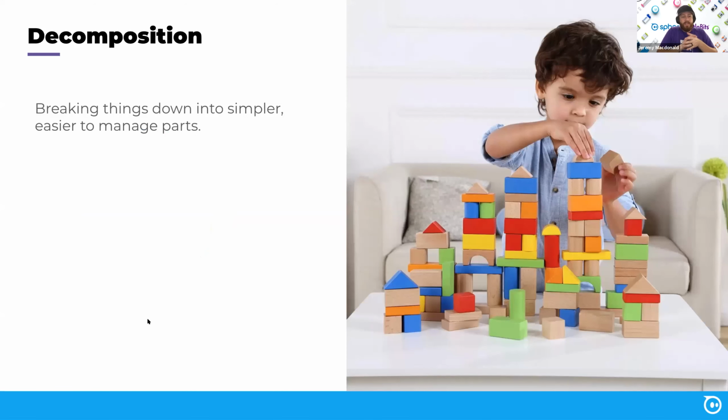So let's start with decomposition. This is as simple as saying it's just breaking things down into smaller, more manageable pieces. One idea in the early grades, just like you see here, is a child building with wooden blocks. Think back to your students or when you were in school, what you used to do when you were building with those blocks. Whether they're building roads or towers, you often try to search for specific kinds of blocks to build those structures.